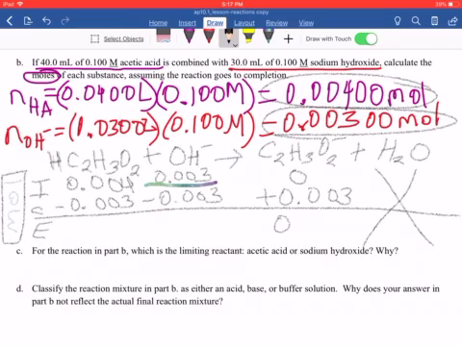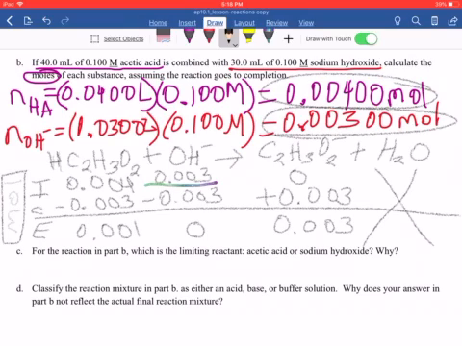And so acetate at the end is going to be 0.003 moles. Hydroxide will cancel out to 0, and then 0.004 minus 0.003 is 0.001. And so at the end of the reaction, we have acetic acid at 0.001 moles, 0 hydroxide, and then 0.003 moles of acetate.